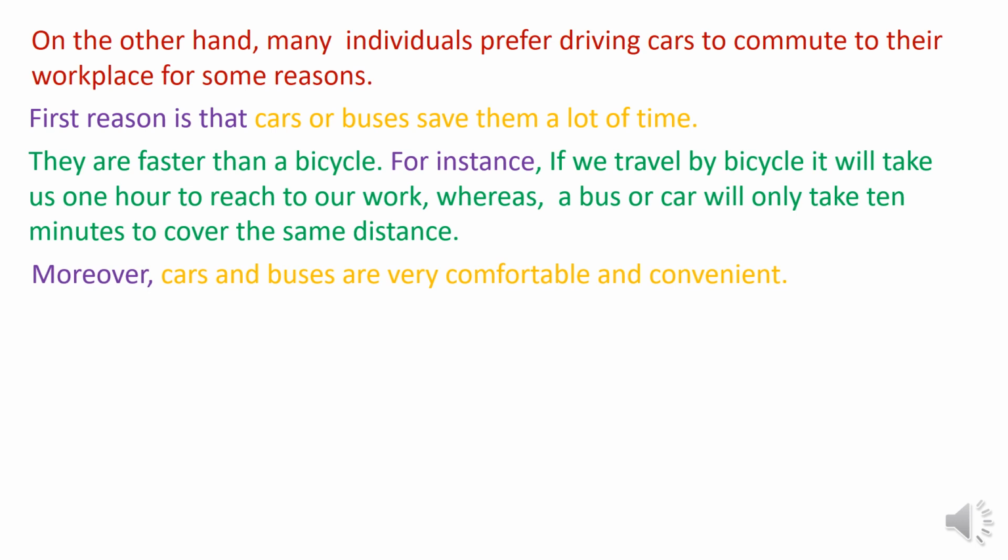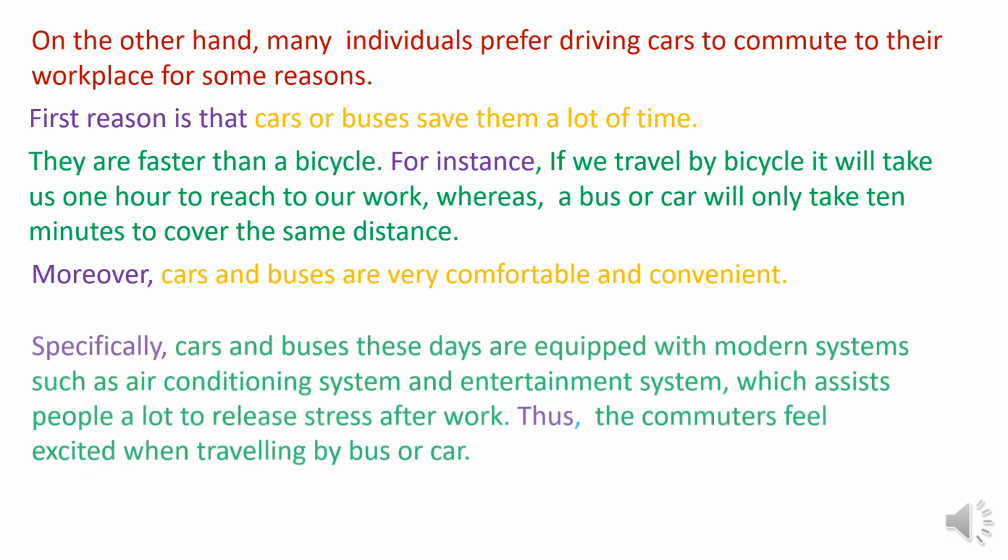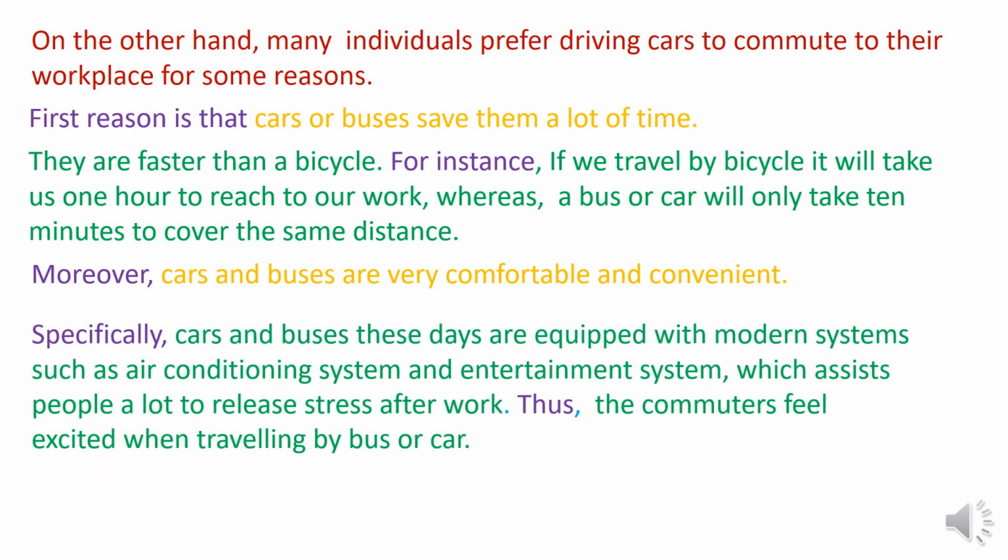I would say, moreover, because I'm adding another point here, cars and buses are very comfortable and convenient. How are they comfortable and convenient? I would explain that. Cars and buses these days are equipped with modern systems such as air conditioning and entertainment systems, which assist people a lot to release stress after work. Thus the commuters feel excited when traveling by bus or car.